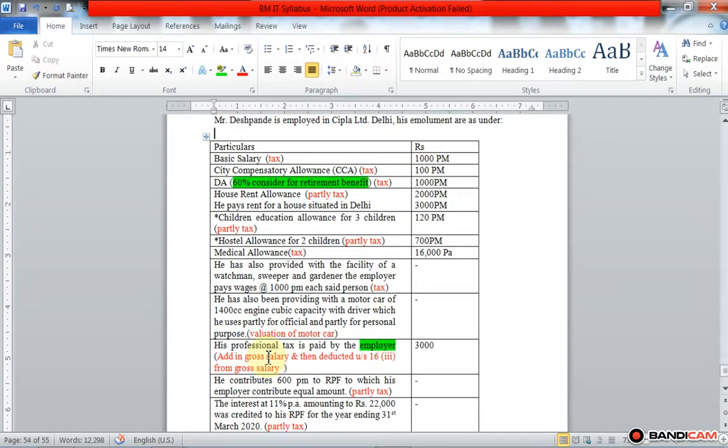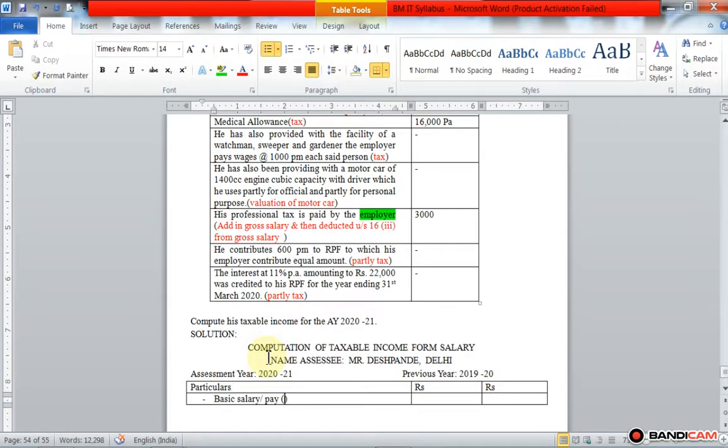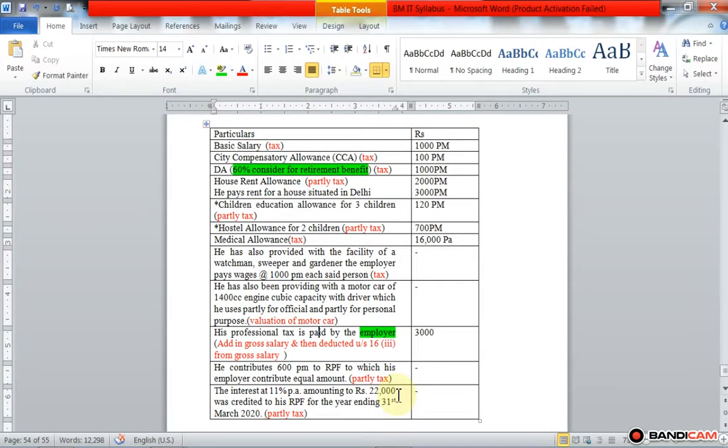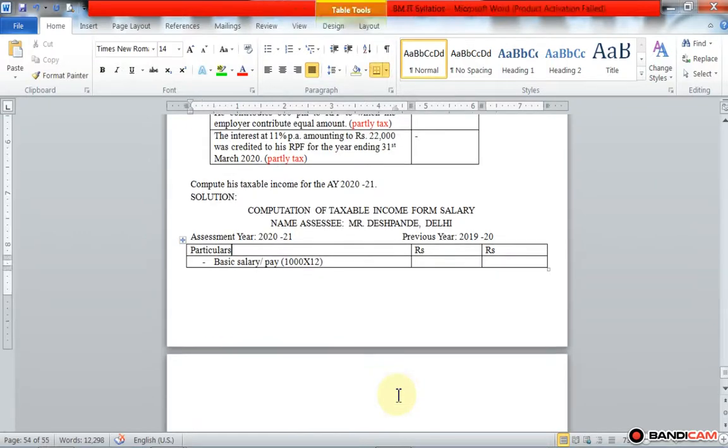We compute salary for the whole year, so basic salary for 12 months is 1000 multiplied by 12, which gives 12,000.